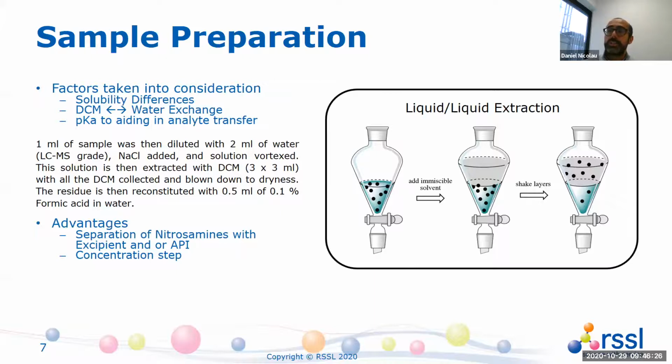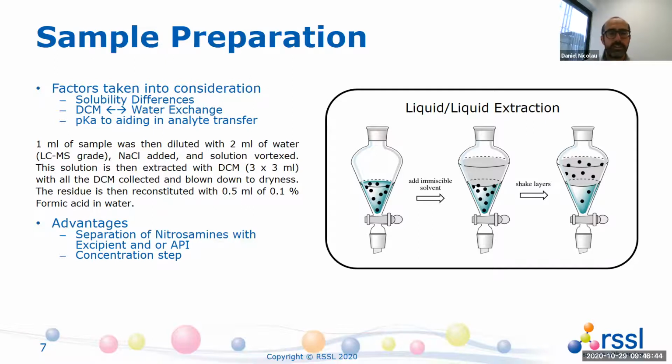And liquid-liquid extraction really is one of those important ways of doing it. You'll find that in literature, there are various sample preparations for nitrosamines going back to when they were first discovered as being toxic in the 1950s.